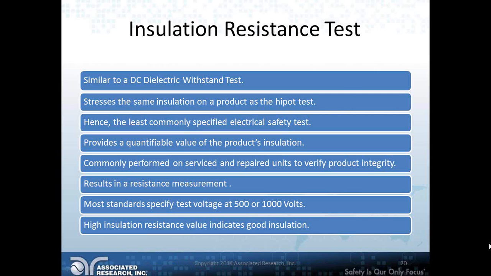Now another common question when dealing with the insulation resistance test is what is considered to be an acceptable insulation resistance reading.